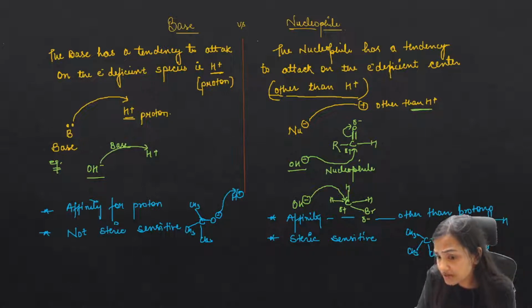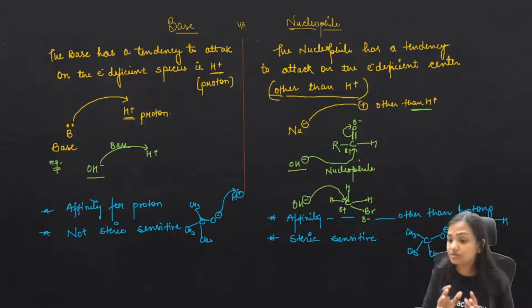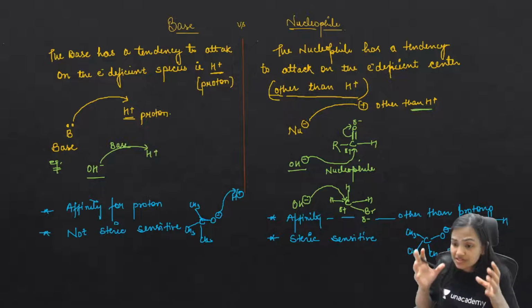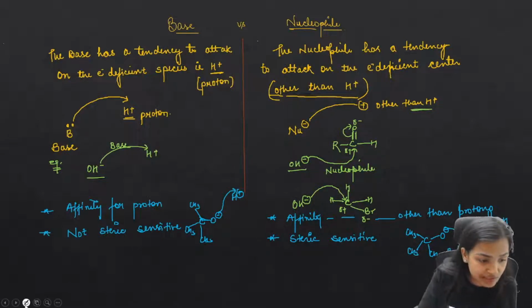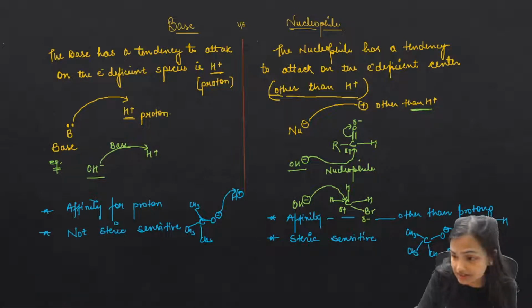Now tell me, will this bulky nucleophile be able to attack over this carbonyl carbon? Guys, because of this steric problem, if you draw its structure, it would be something like this.